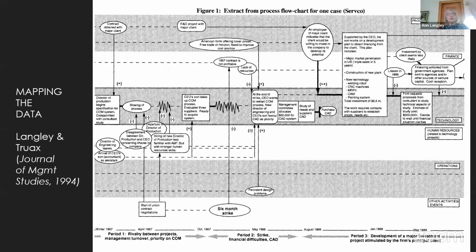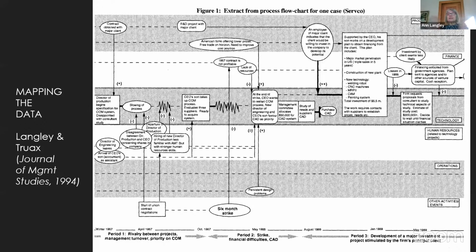We identified different codes for events that were outside the company. Those are the ovals. Activities were, I believe, square boxes, and decisions were the round-cornered ones. And we showed precedence, we showed interruptions, we showed events that impacted other events, and depending on to what degree they impacted them, we placed different symbols on there.